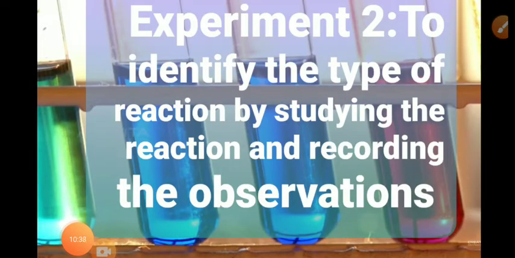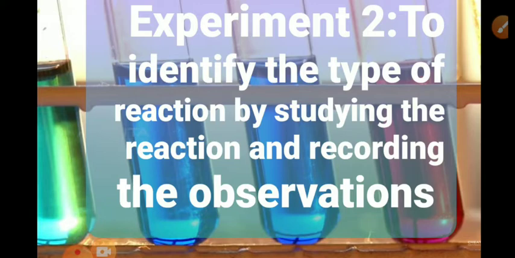Now the reaction is taking place. I hope, children, you have understood the second part of experiment number 2. Now let me explain part 3, and then I'll show you how to perform it.